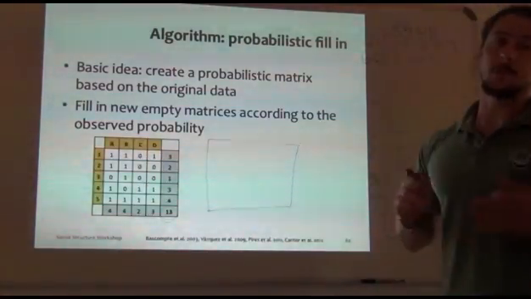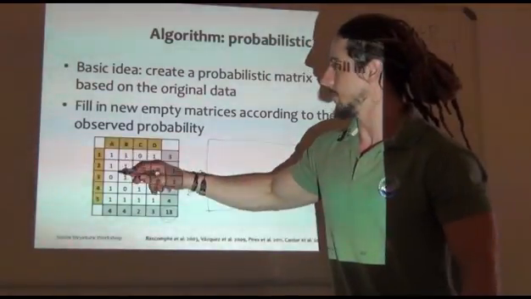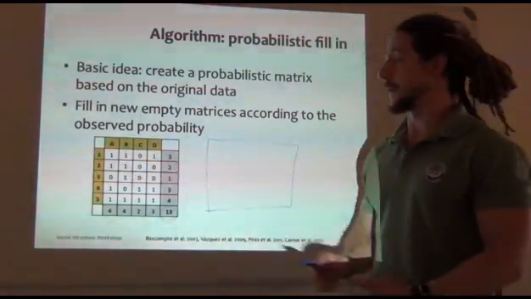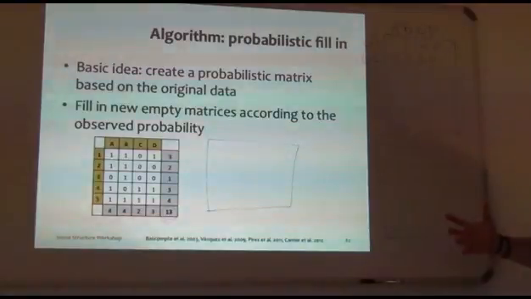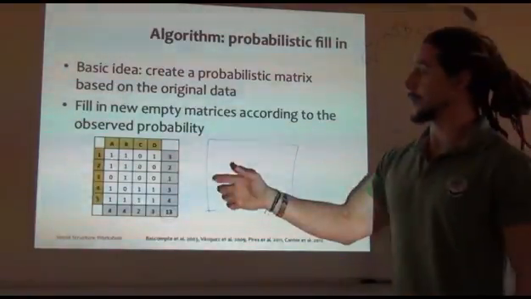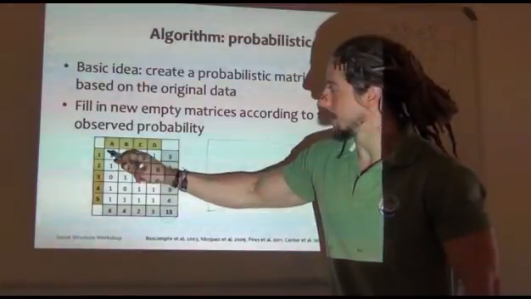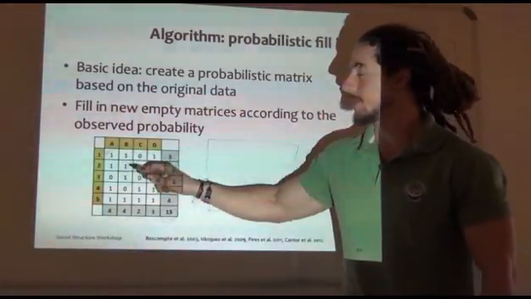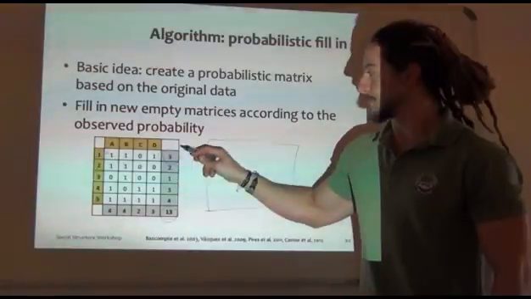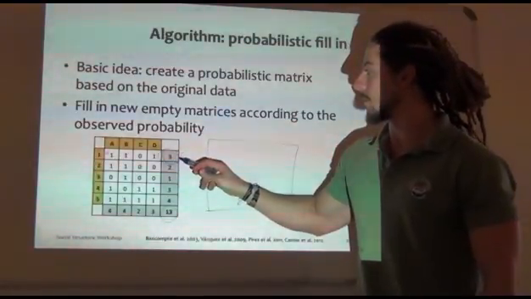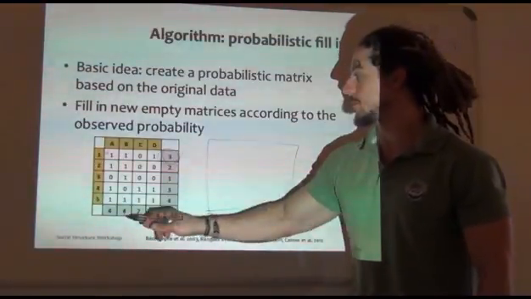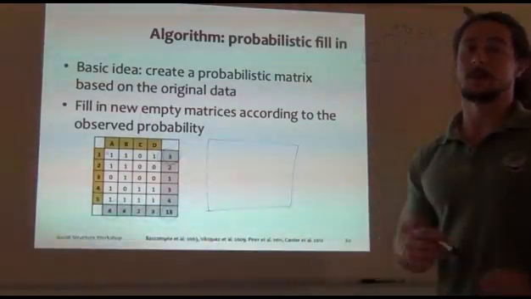And if it's completely random, they could fill any cell here. But we want a little bit of restriction when creating this matrix. So we're going to create probabilities of filling these new cells, usually based on the sums of the columns and the sums of the rows.